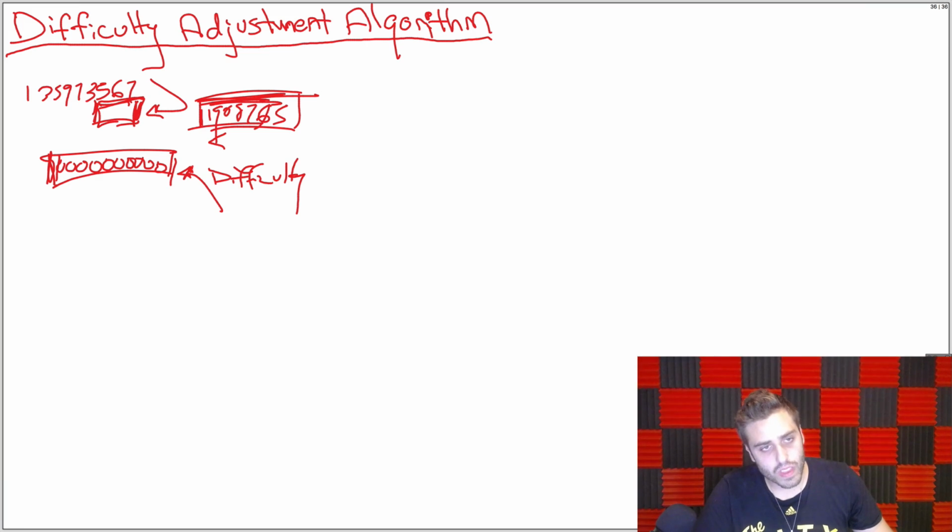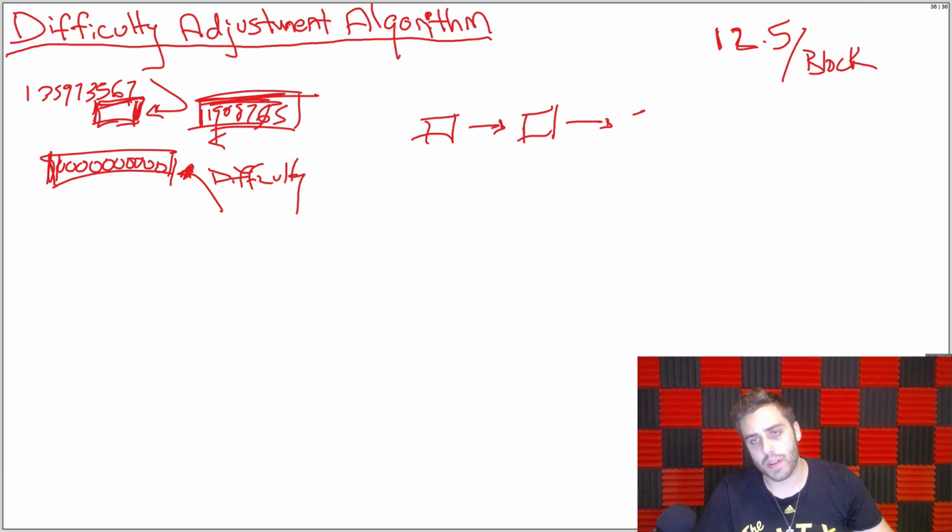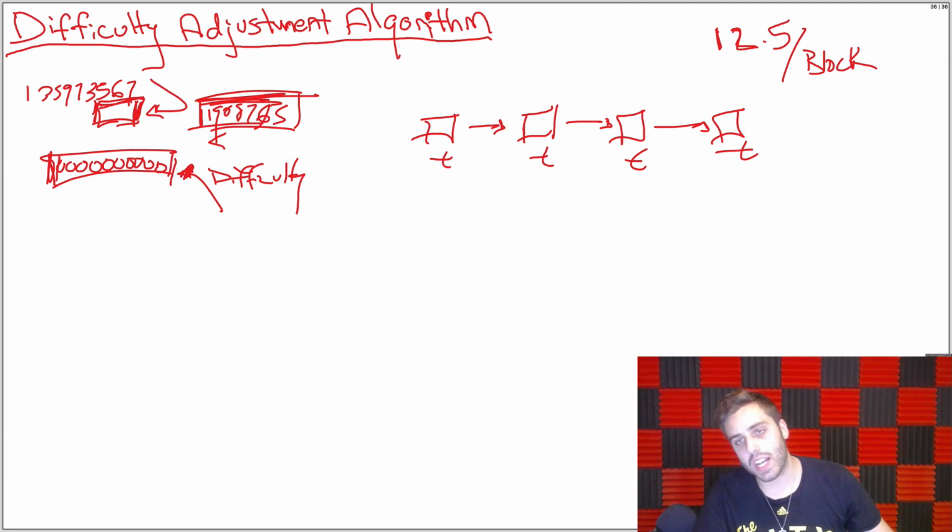Well, with something like Ethereum, they try to have really fast blocks, and I think the average block time is around 12.5 seconds per block. And in order to keep that consistency, when you mine a new block, you can look at the timestamps of the 10 most recent blocks and get an average.